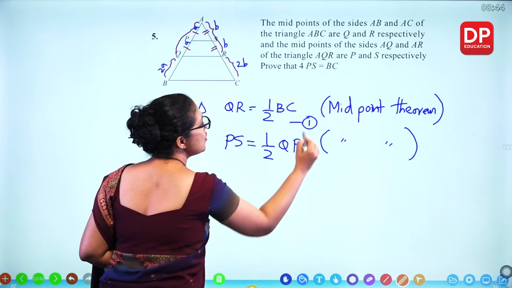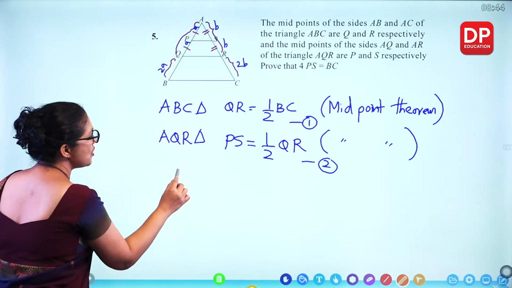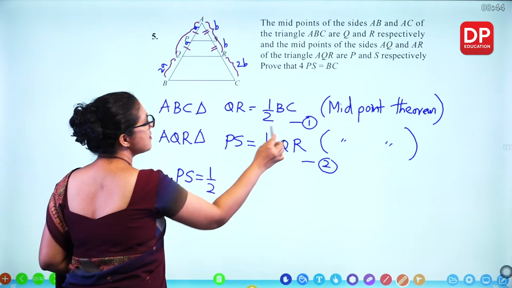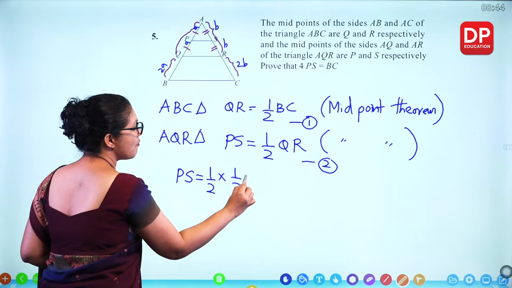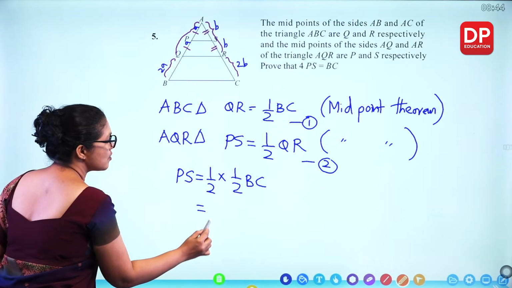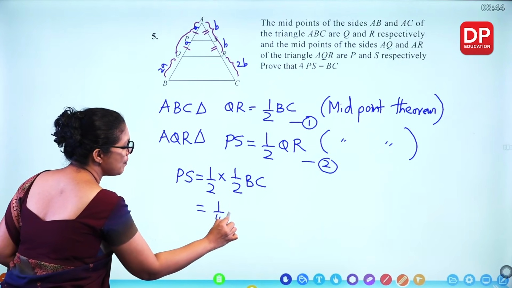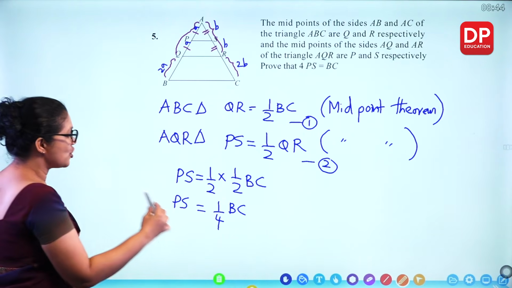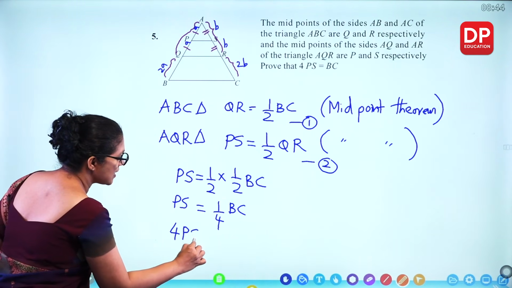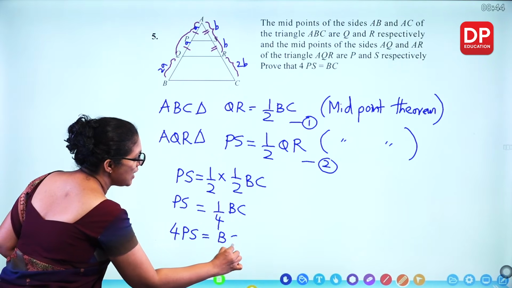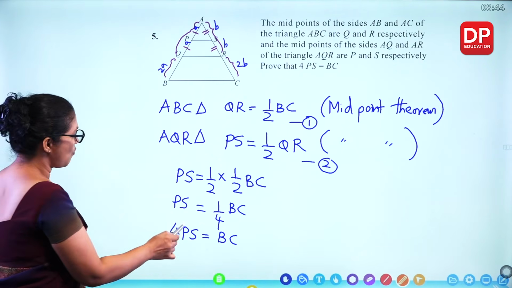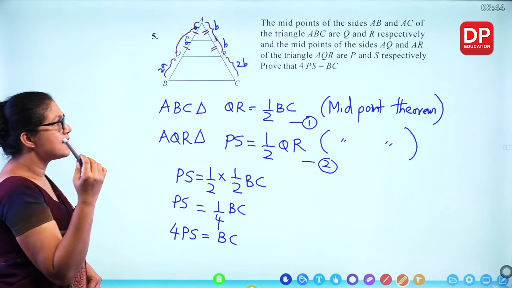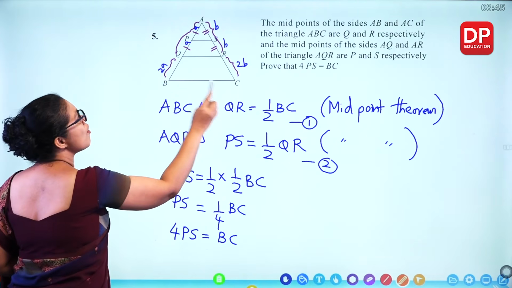When you take 1 and 2, what can you say about PS? Half of QR. Instead of QR, I'm writing half of BC. So half and half, you get 1/4 BC is PS. When you cross multiply, what you get? 4 PS is equal to BC. So that's what you need.